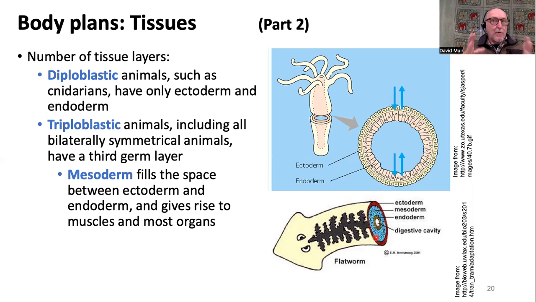Even in these very primitive triploblastic organisms like the planaria, there are all sorts of complex reproductive structures and all sorts of things. Primitive kidneys and lots of organs can develop from this mesoderm along with muscle. So that is the mesoderm in there.